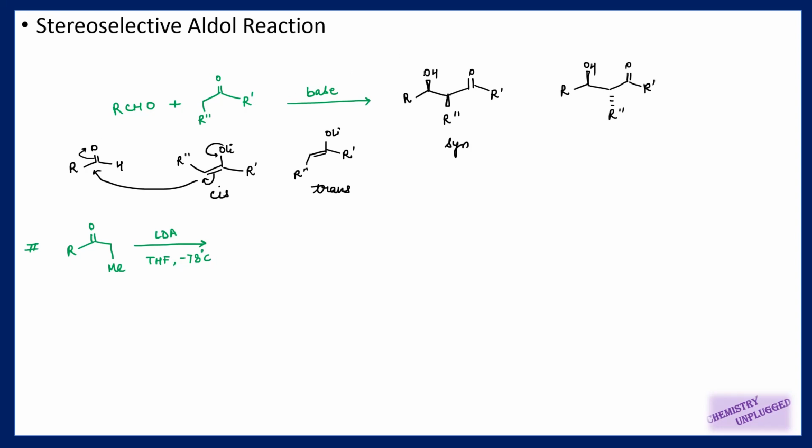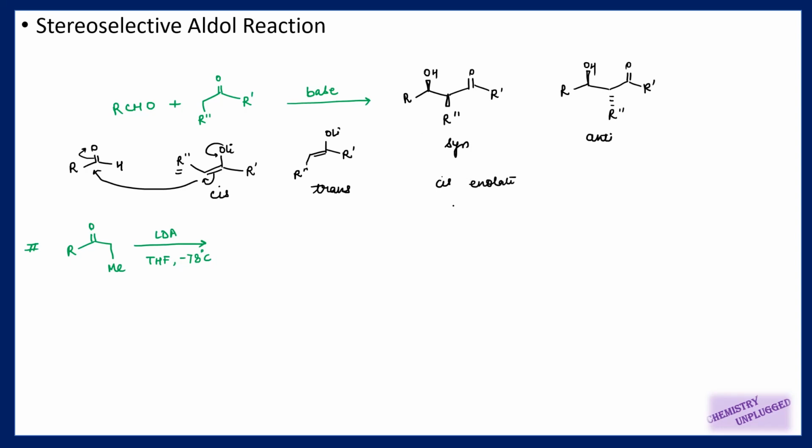After shifting of this bond, this O minus will take H plus and form OH. So when this OH and this R double prime group are on the same side, it will give me the syn product, and when they are on opposite sides, it will give me the anti product, right?